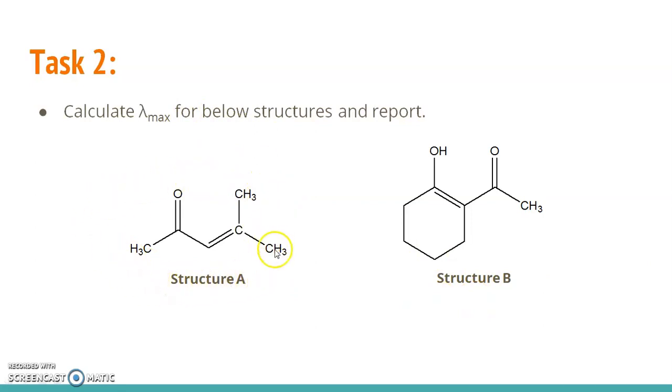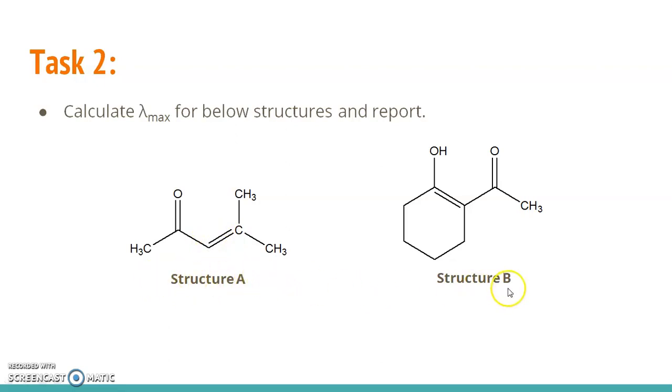Some hints for structure A: this is again an alpha beta unsaturated acyclic ketone, where you are supposed to look for alkyl substituents, and there is no question of ring residues here because there is no ring attached to these two carbon atoms. That is with respect to structure A.